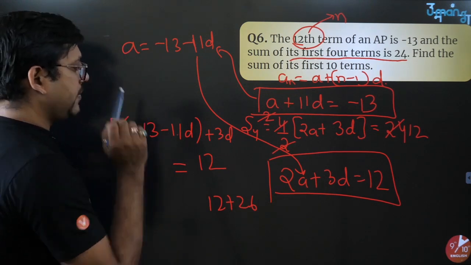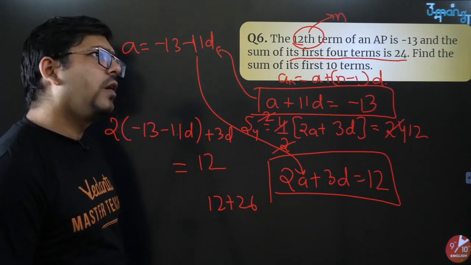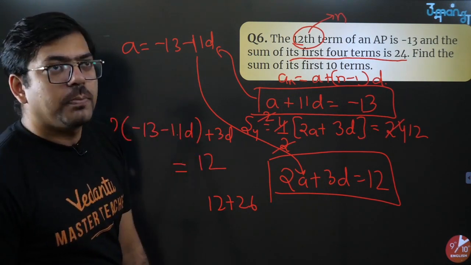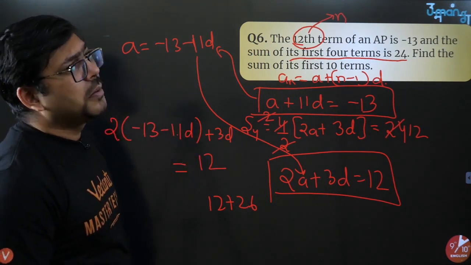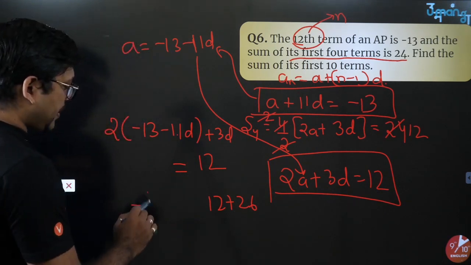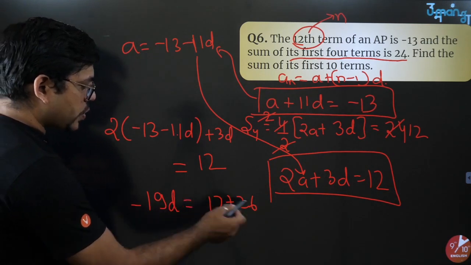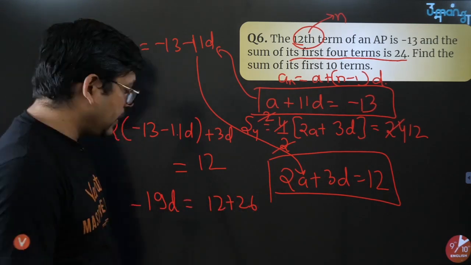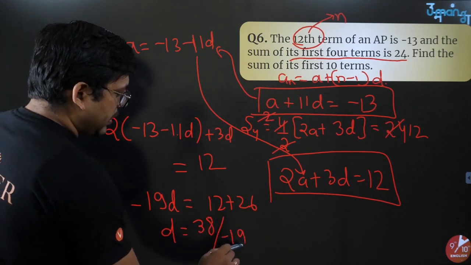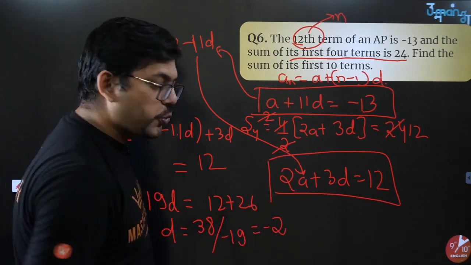And 2 into minus 11 will be minus 22, and plus 3. Minus 22 plus 3 is minus 19. So minus 19d equals 12 plus 26, which is 38. Hence d equals 38 upon minus 19, which is beautifully minus 2.